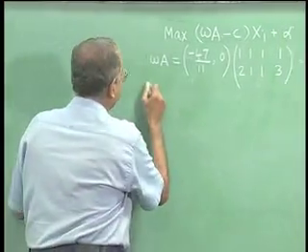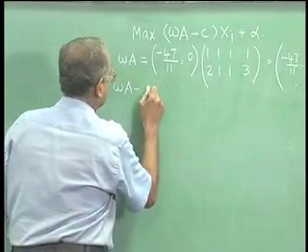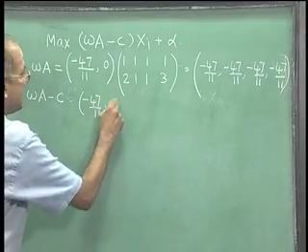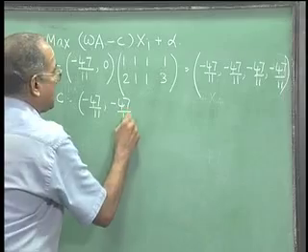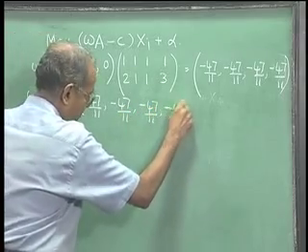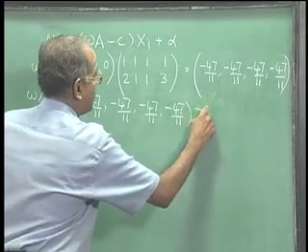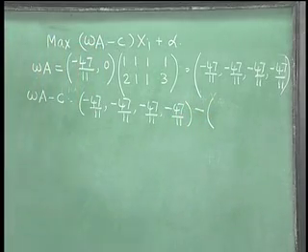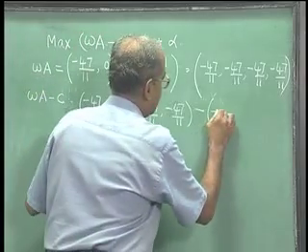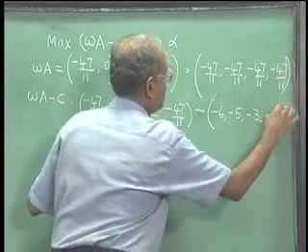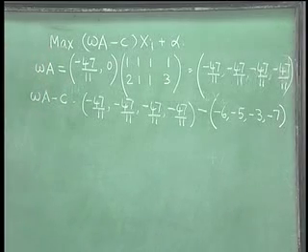So, WA minus C is equal to minus 47 by 11, minus 47 by 11, minus 47 by 11, minus 47 by 11, minus C, where C is minus 6, minus 5, minus 3, minus 4, plus alpha, and alpha is right now at 0.